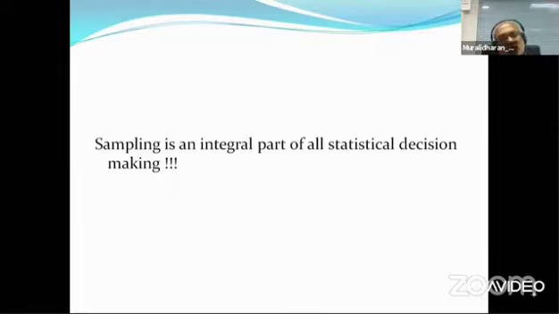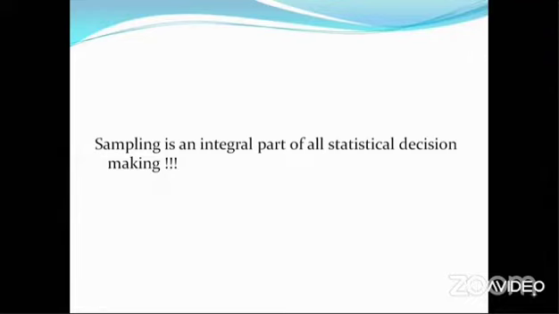So the first thing you should make clear is that sampling is an integral part of all statistical decision making. What type of sampling we do, when you should do sampling, all those issues are another part of classroom teaching. I'm not going to discuss that here.